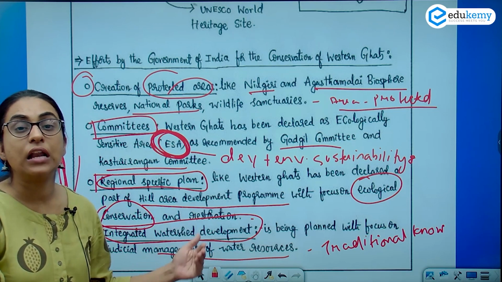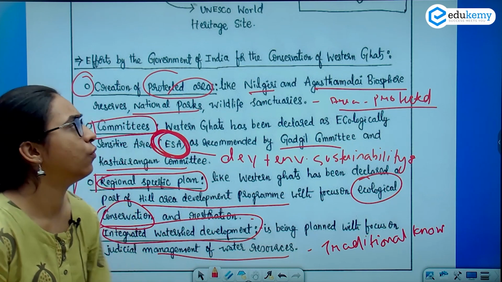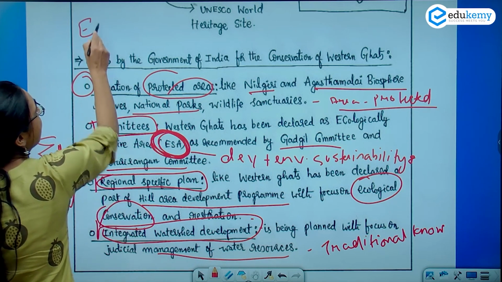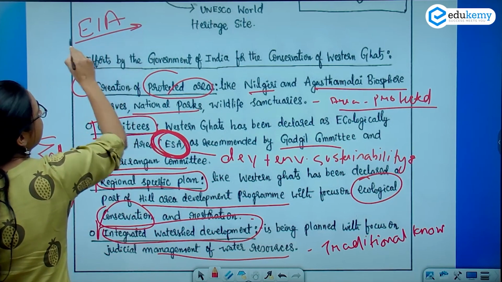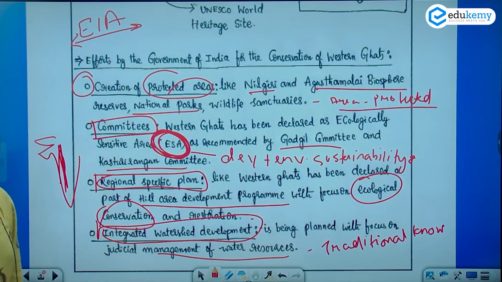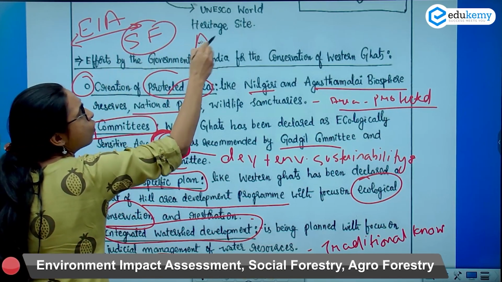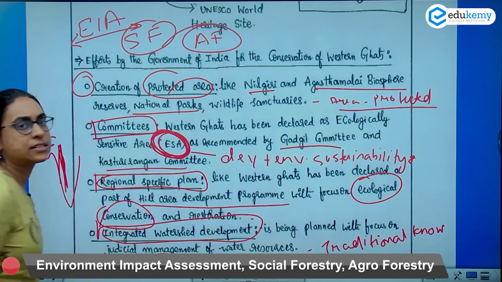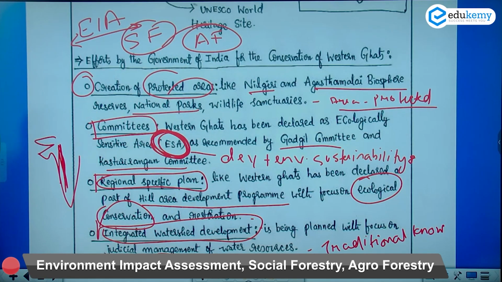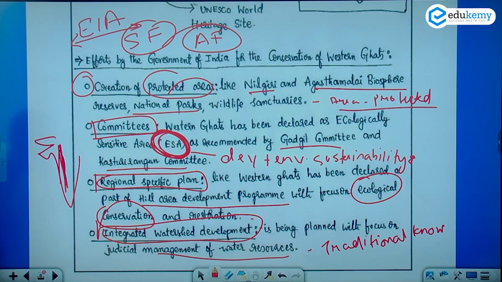There are other programs also, like EIA, environment impact assessment, which is done in the Western Ghats. There is social forestry, there is agroforestry. So these terms can also be written in your conservation strategy for the Western Ghats.